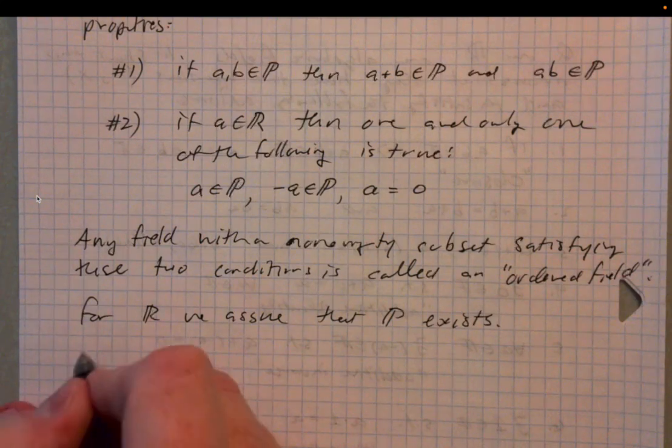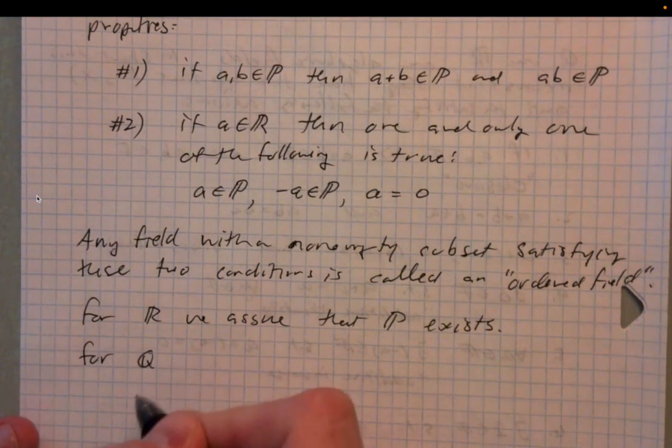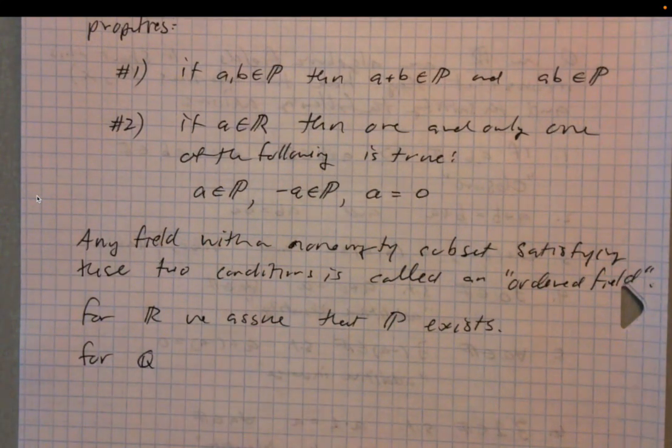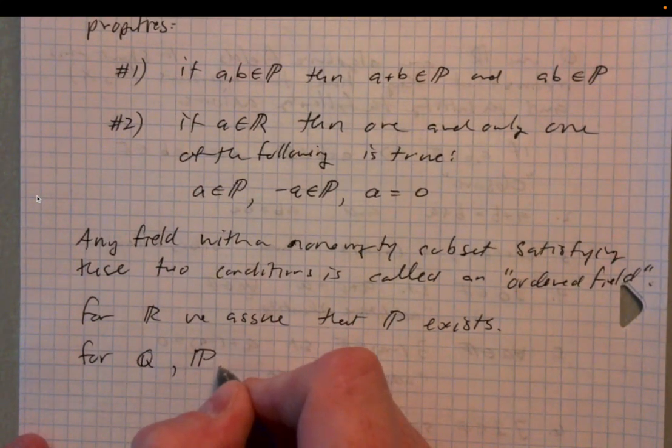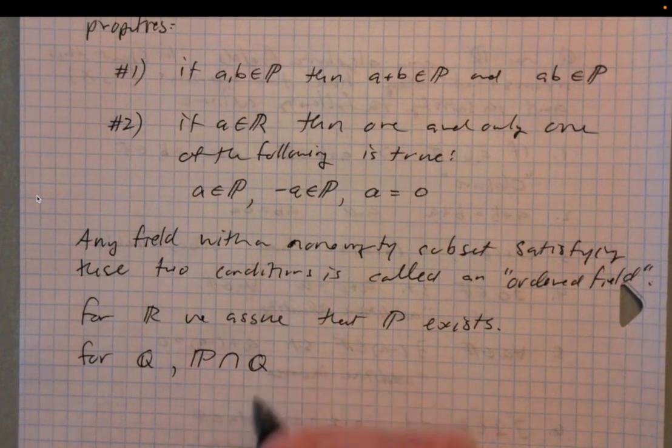For the rational numbers, if you think about that, that would be P intersect Q. So it's going to be basically all of the positive real numbers that are also rational numbers.